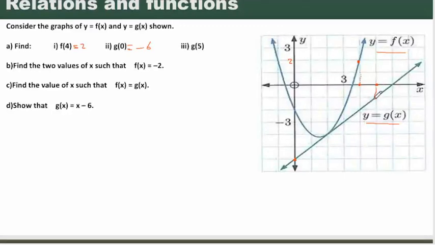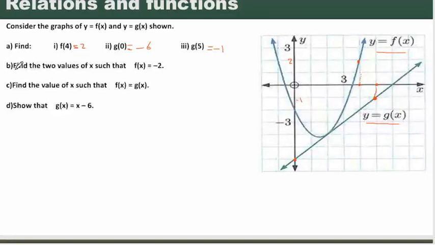And then I have to see what the y is for this point of the graph. The y would be -1. So g of 5 would be -1. I am done with part A. I will go to part B.